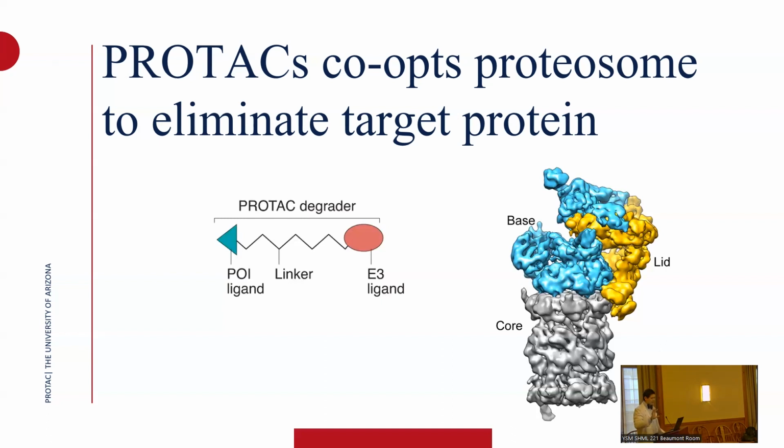is based on this design where you put a protein of interest ligand in and link it to a ligand that is part of the proteasomal degradation machinery, E3, so you can artificially bring the protein of interest to proximity to the E3 ligase machinery, thereby degrading the protein of interest.